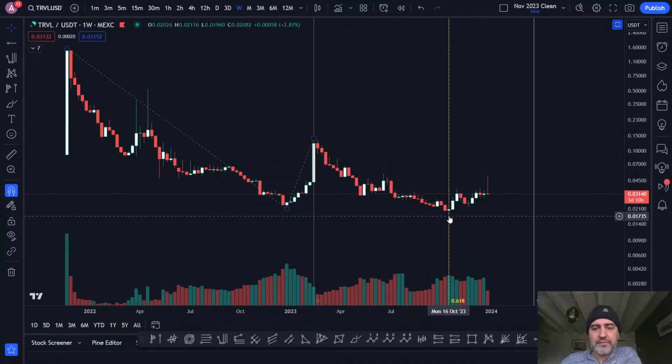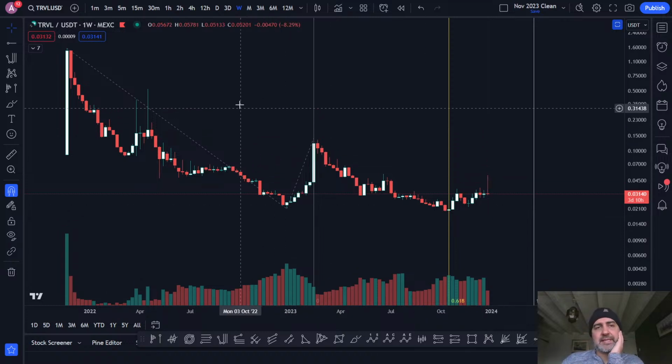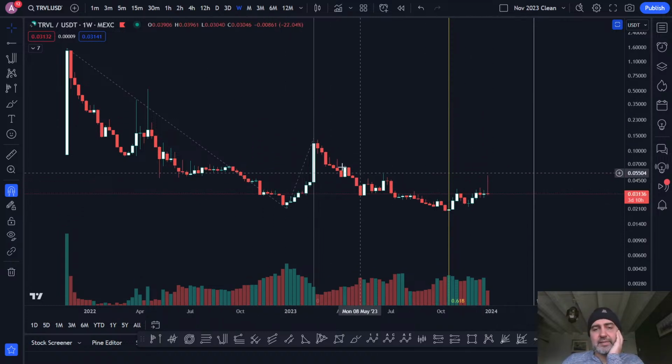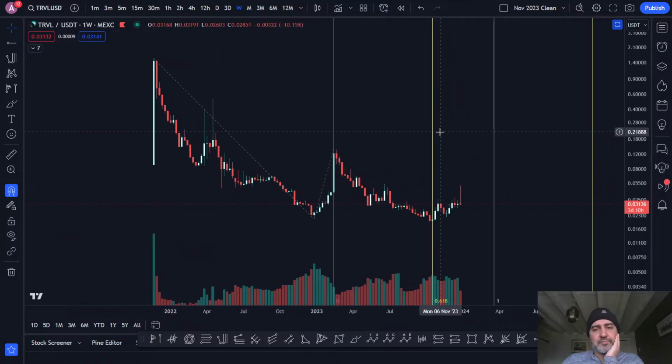Look at that, perfect. That's the all-time low. So from that pivot to this pivot to this pivot, that's quite interesting. I think that's quite exciting, because it means we are following some kind of fib time.